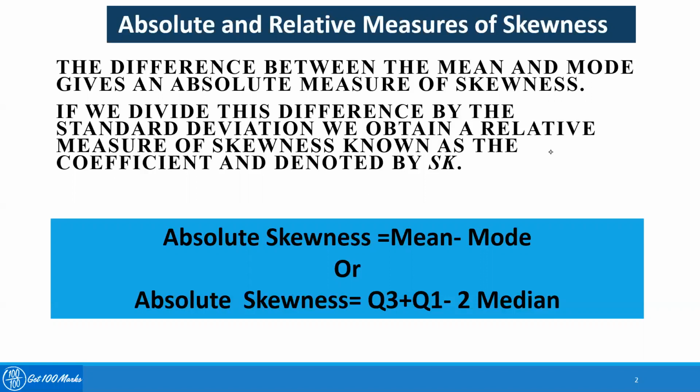If we divide that difference by the standard deviation of that particular distribution, we get the relative measure of skewness. There is another way to measure the absolute skewness, based on quartiles, which is Q3 plus Q1 minus 2 into Q2. Q2 is nothing but the median.